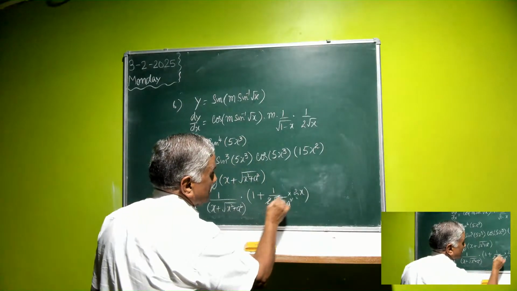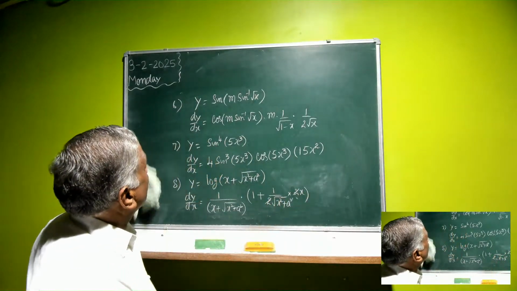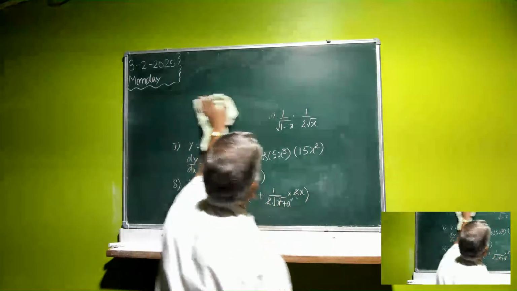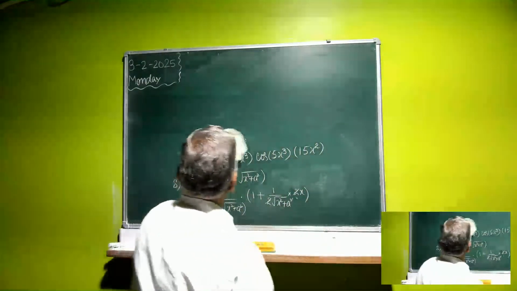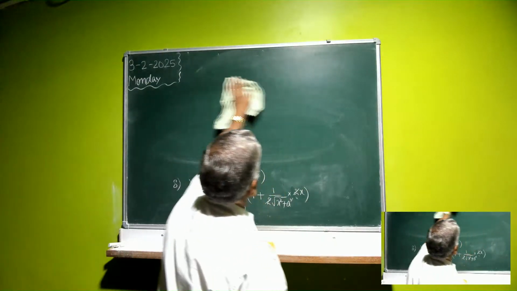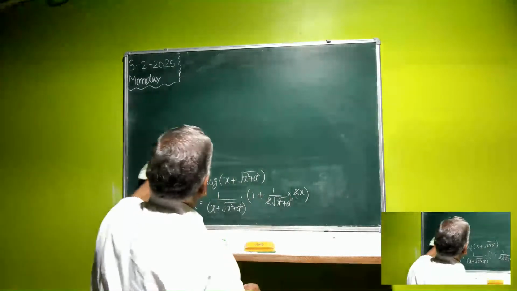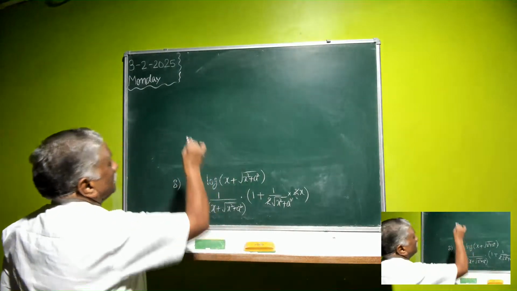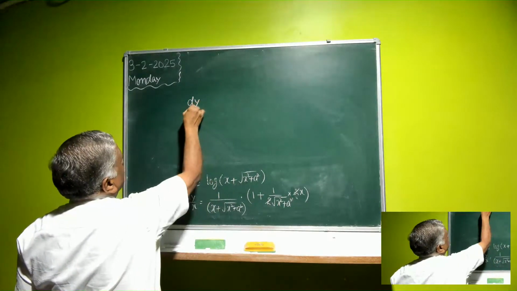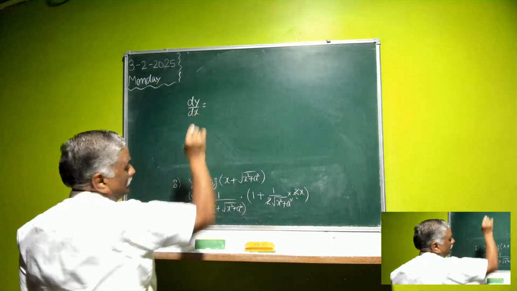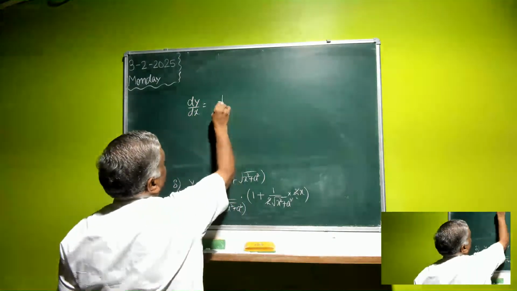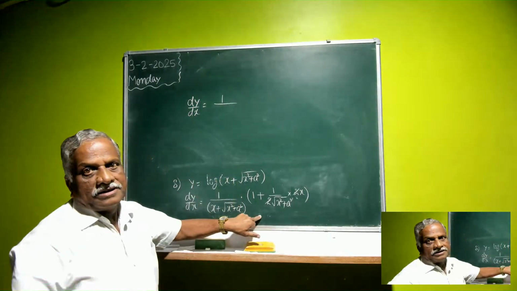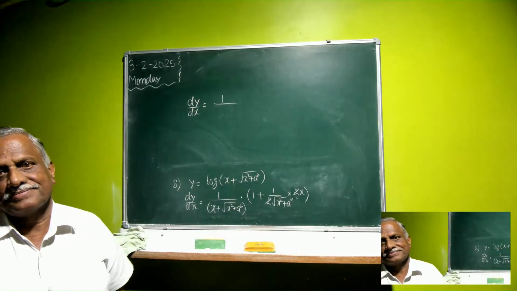You need to simplify this. dy by dx equals 1 over. With this, differentiation is over.